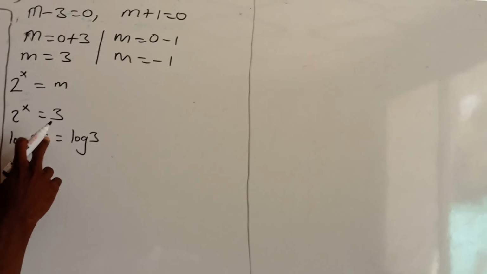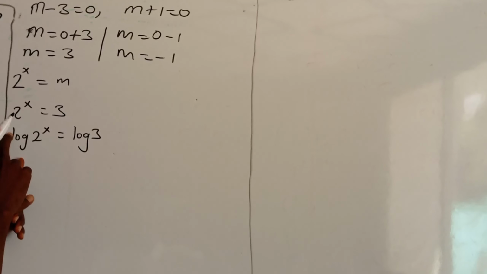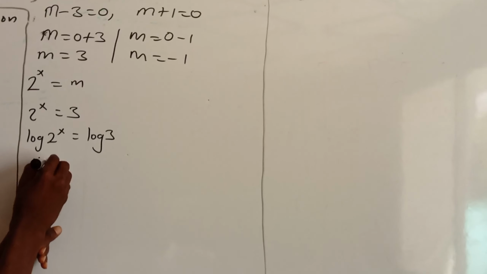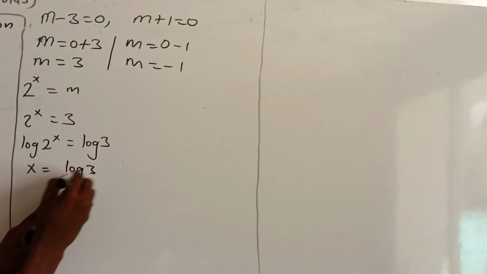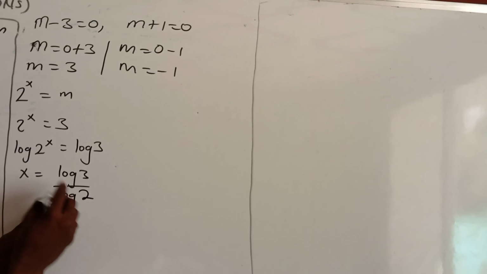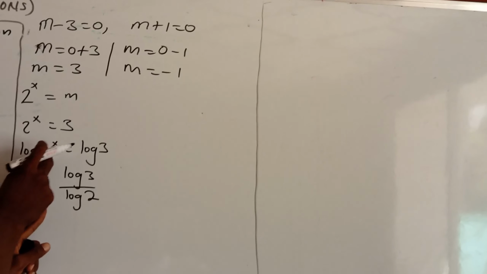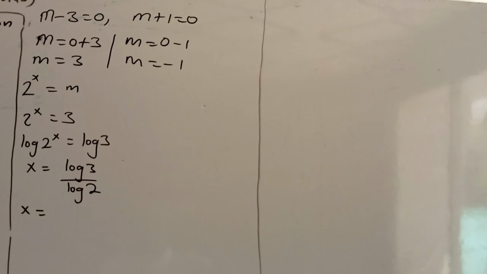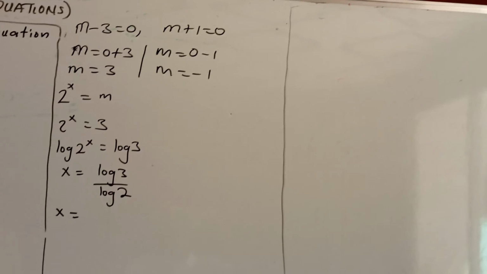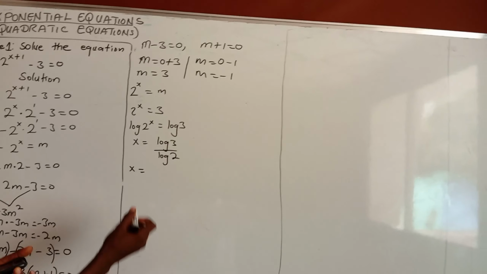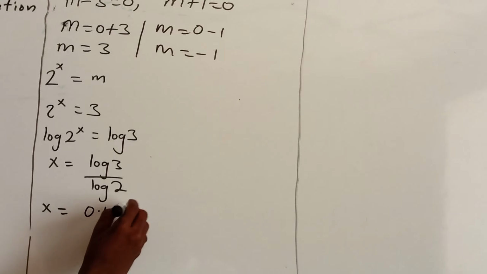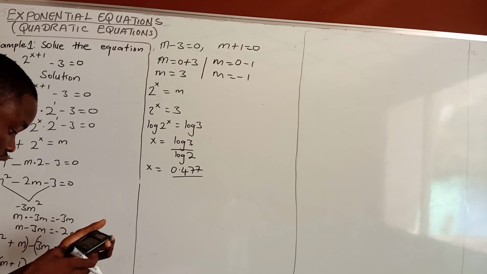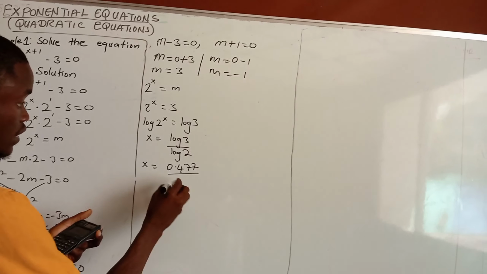So in this case, you take this x here, use the principle of logarithm, and you are going to have x equals log 3 divided by log 2, because after you take this x here, you divide both sides by log 2. So use your scientific calculator. Now just press log 3, it gives me 0.477, all divided by, then you press log 2, it gives me what?